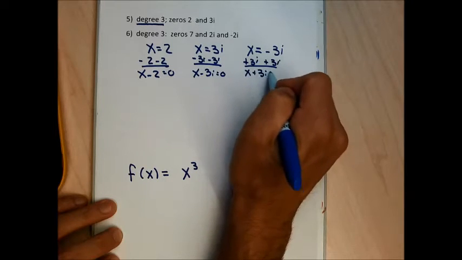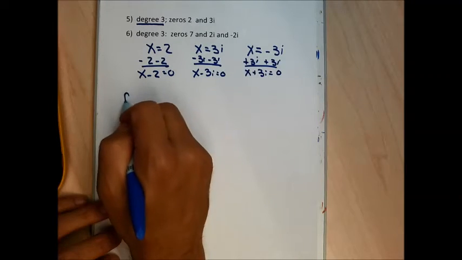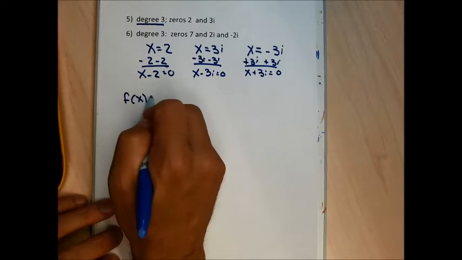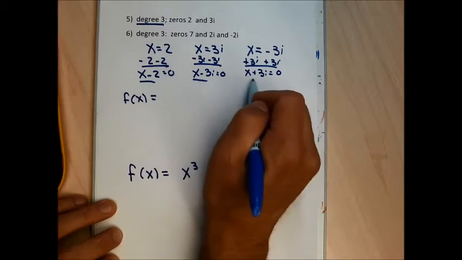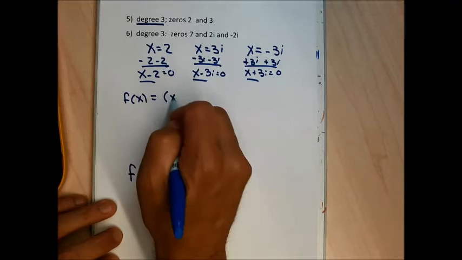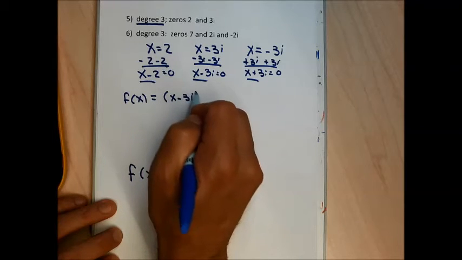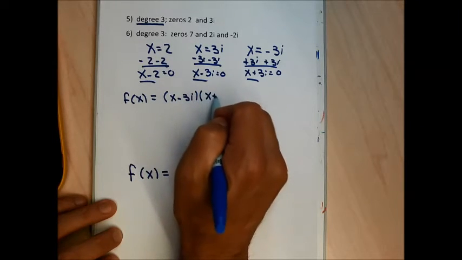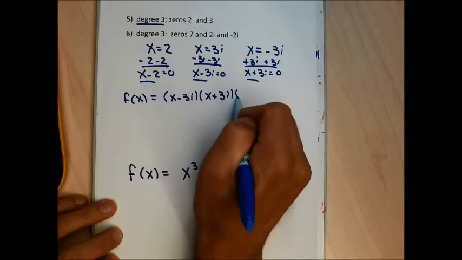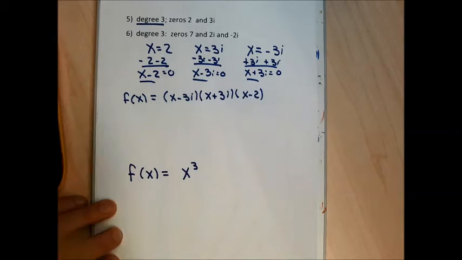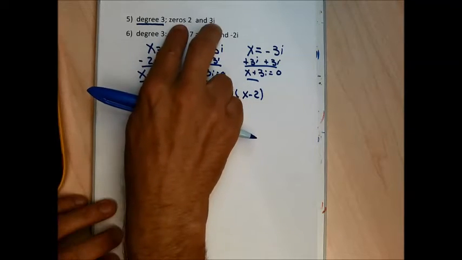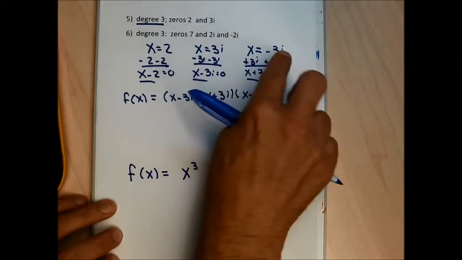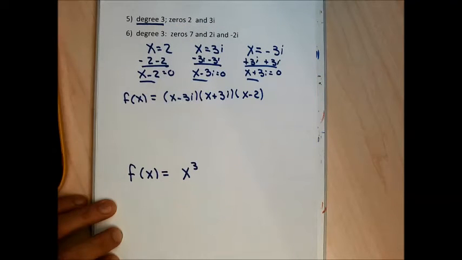To create my function, I can multiply these factors in any order. It's a lot better if you do the i's first. So to create my function, I'm going to multiply the 3 factors, the 2 from the zeros that were implied, the 3rd from the 0 that I created because i's come in pairs, and I'll multiply them together.